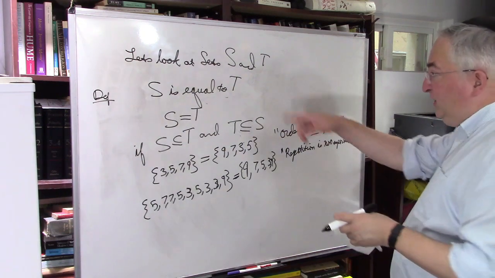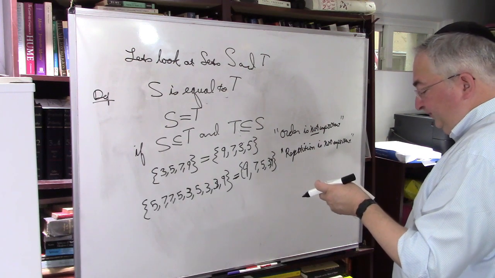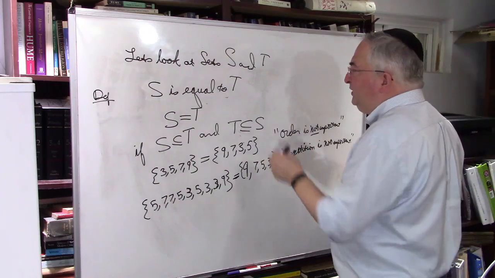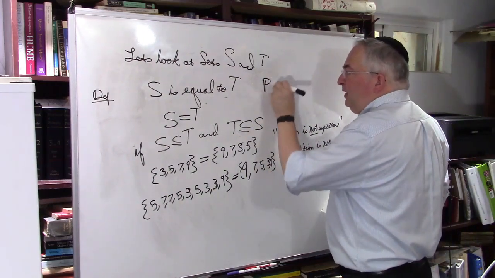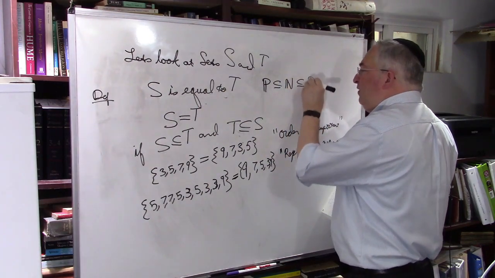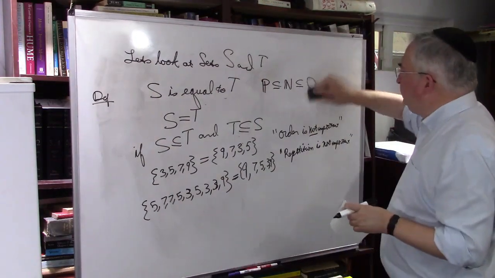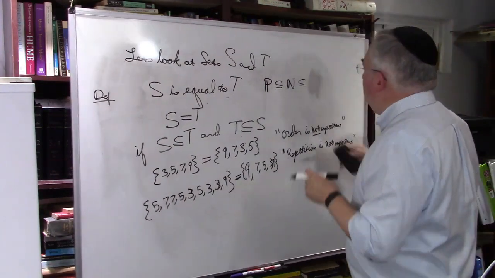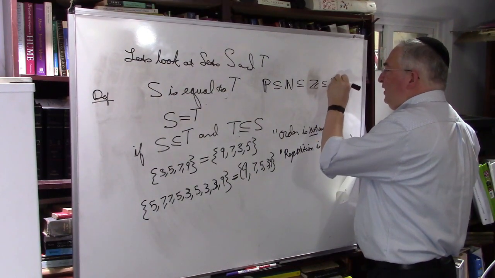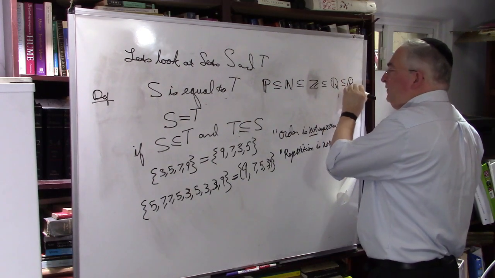Okay. Now, given this definition of subset, we can write those beginning sets. We saw P is a subset of the natural numbers, which is a subset of all integers, Z, which is a subset of the fractions, which is a subset of the reals.